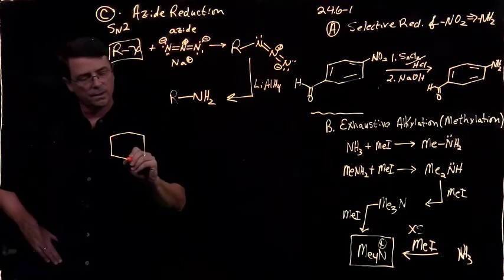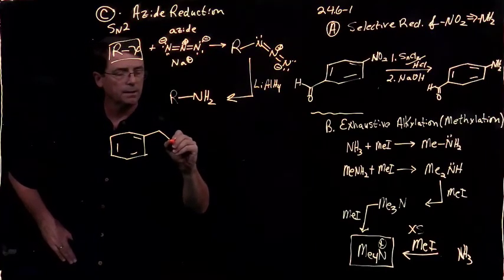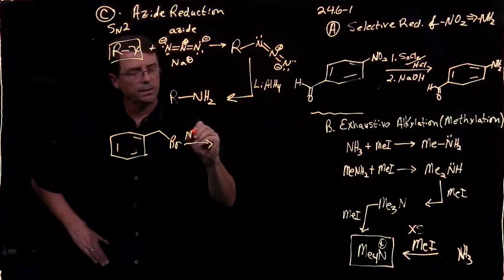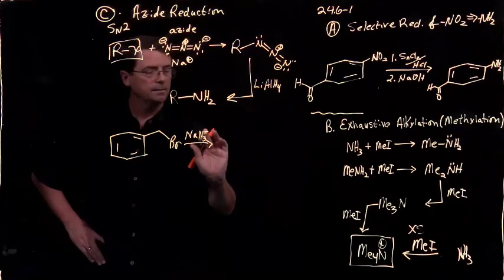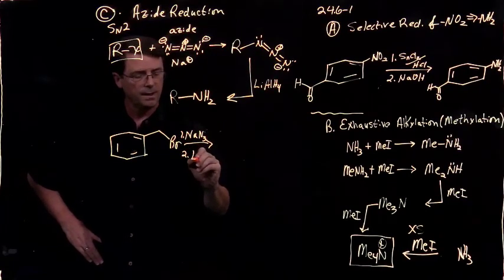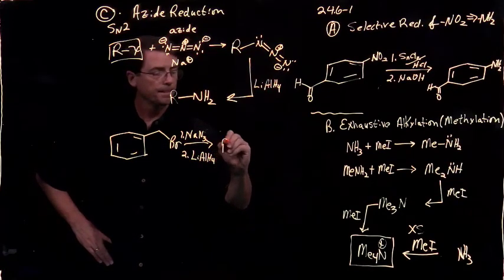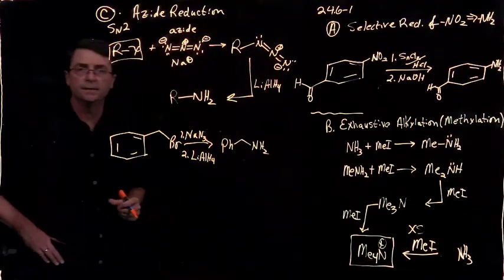So that means we are looking not at aryl but alkyl halides. So we could take the bromide, we react that with sodium azide. I'm going to put the charges there first, followed by lithium aluminum hydride. And you can make benzylamine that way.